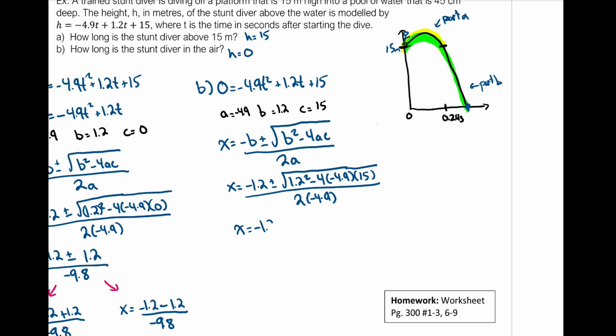X equals negative 1.2 plus or minus 1.2 squared was 1.44. Got that from the last one. And then minus 4 times negative 4.9 times 15, minus negative 294, all divided by negative 9.8.